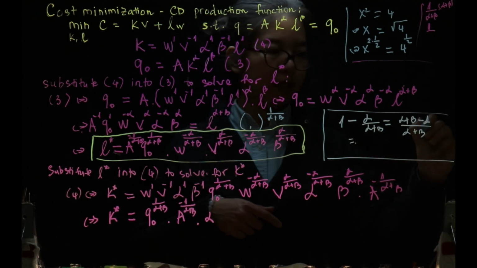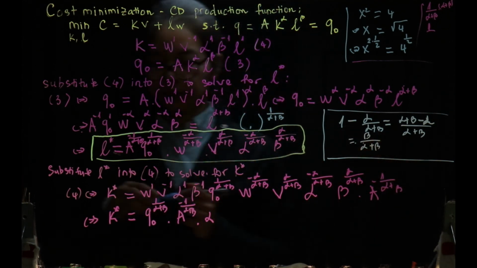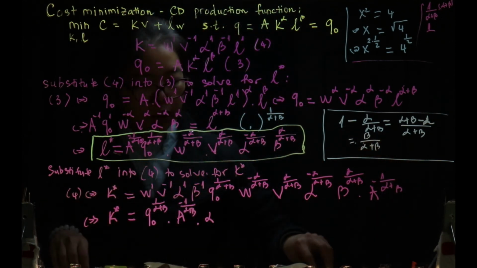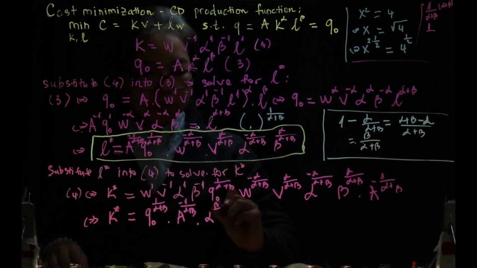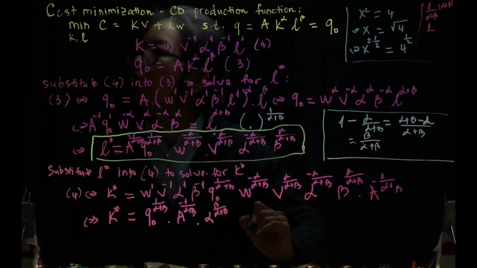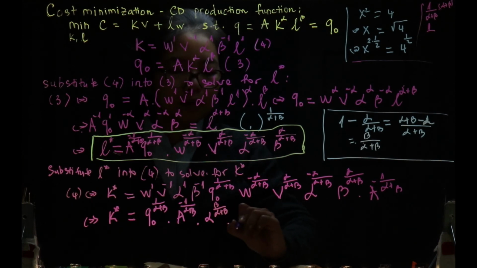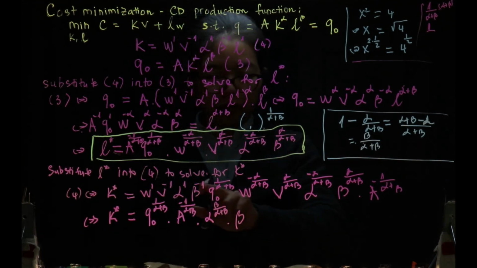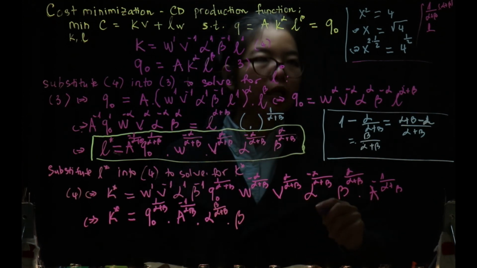So that is, here is beta over alpha plus beta. So alpha to the power beta over alpha plus beta. Okay, and then beta to the power of minus 1 and alpha over alpha plus beta here.